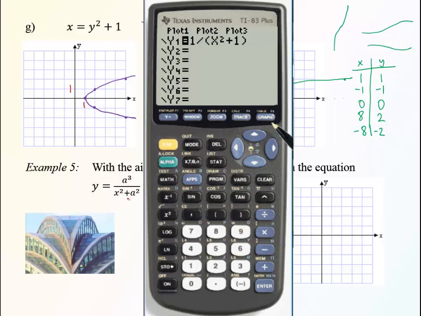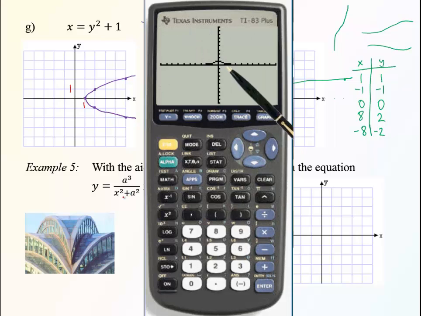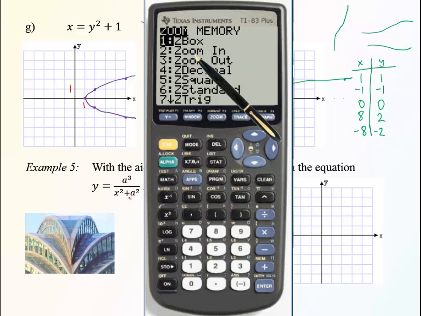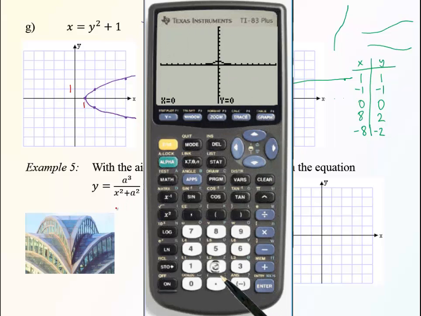And we can graph it. Let's graph it in a standard window, zoom 6. Because the graph seems to be very small, we can zoom in by pushing zoom 2 and enter. So that's a little bit bigger. Remember the shape with a equals 1.